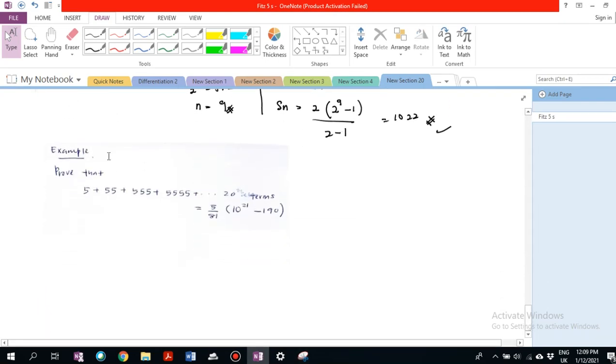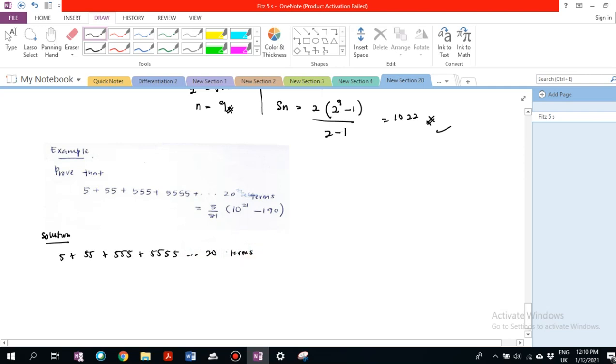Prove that this equation is equal to 5 over 81 times (10 to the power of 21 minus 190). So the solution is, we have 5 plus 55 plus 555 plus 5555, 20 terms.